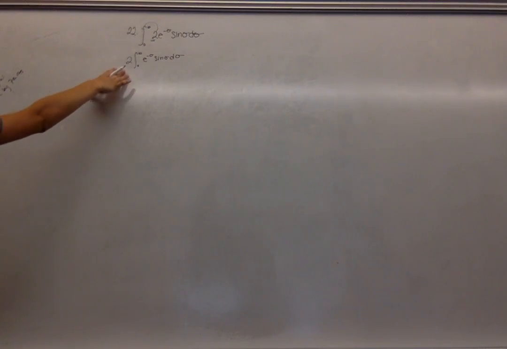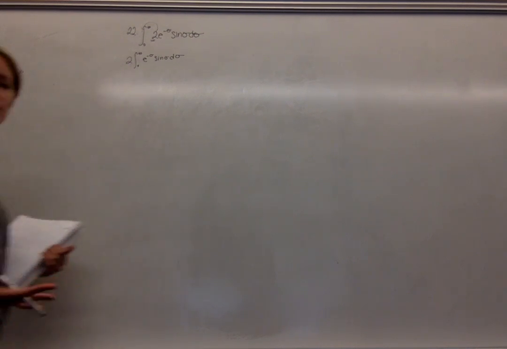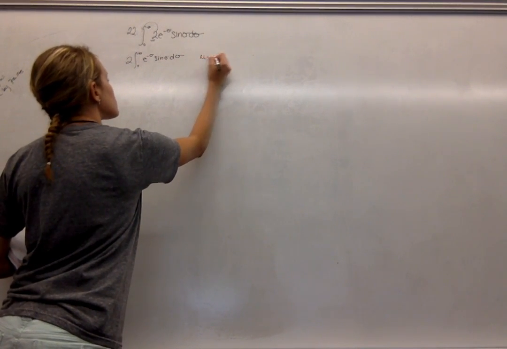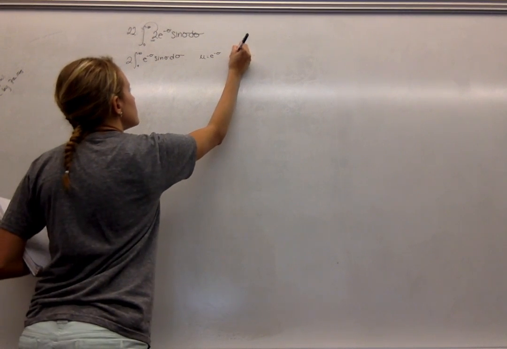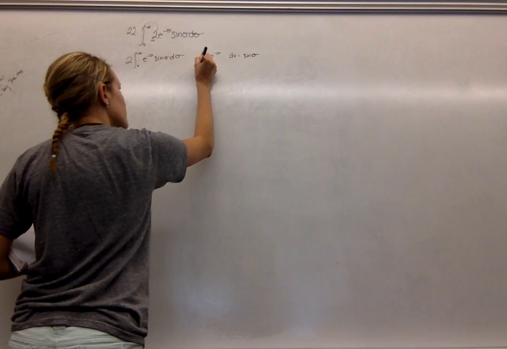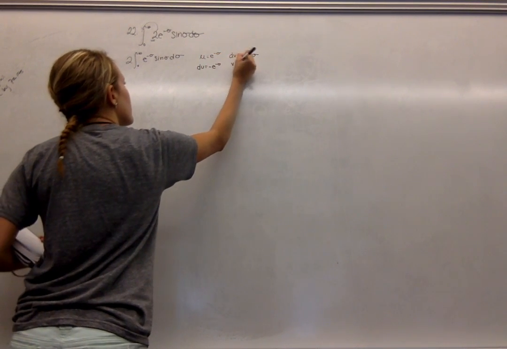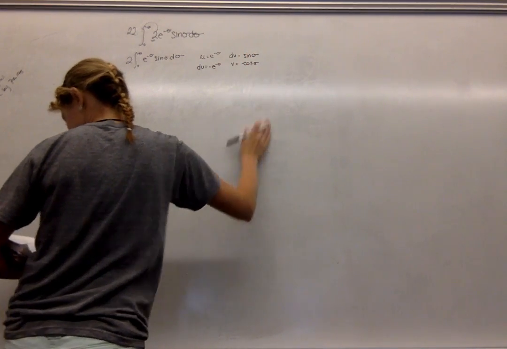Now, once we put this 2 in front of the integral sign, we can see it's an integration by parts problem. So we're going to set our u equal to e to the negative theta, and our dv is going to equal sine theta. We know our du will be negative e to the negative theta, and v will equal negative cosine of theta.